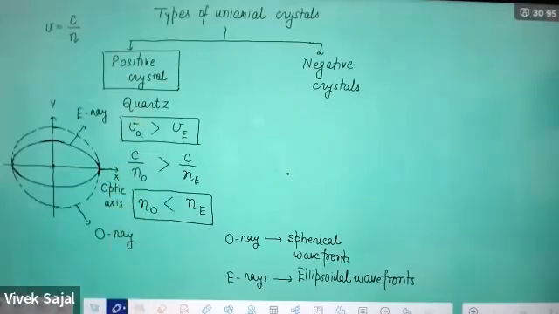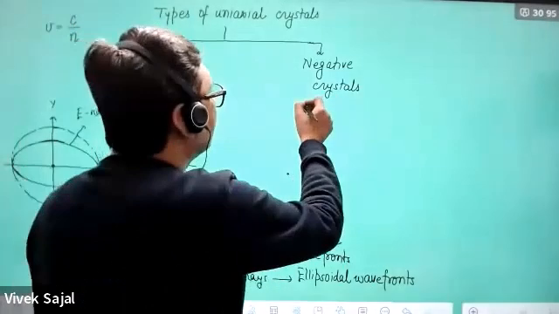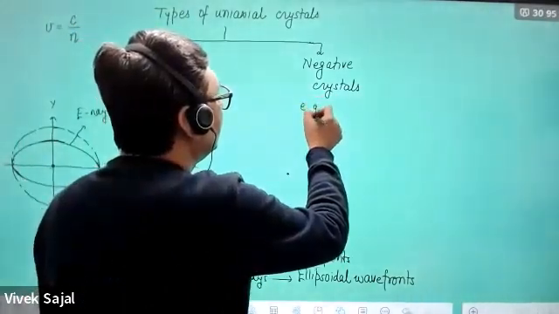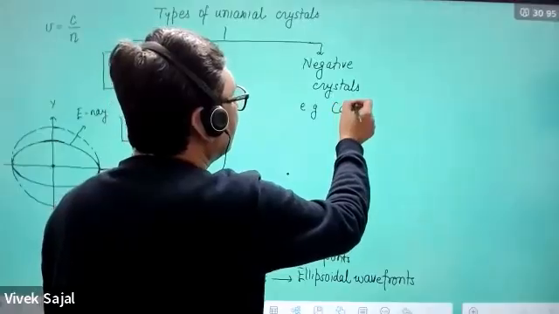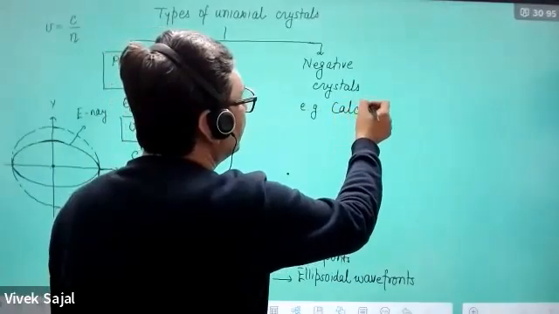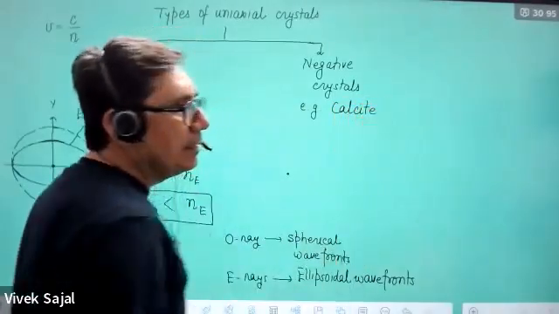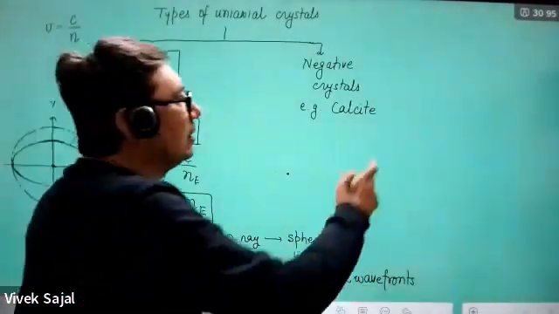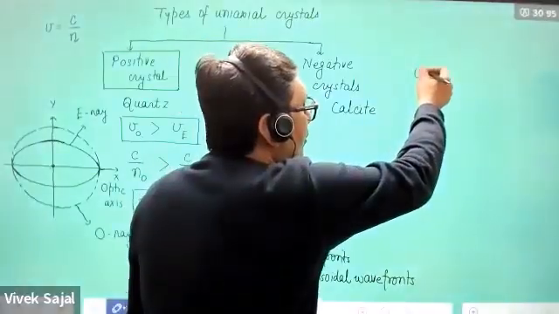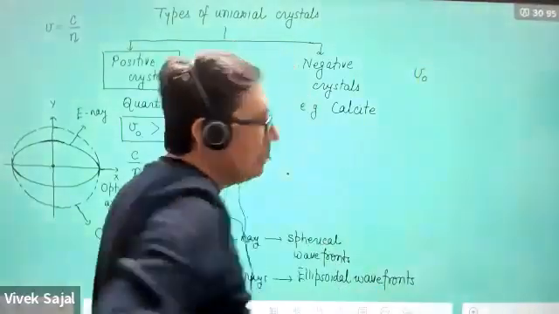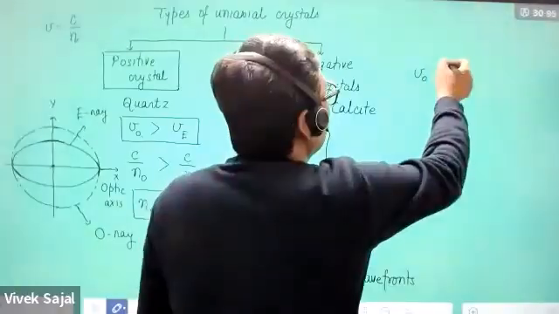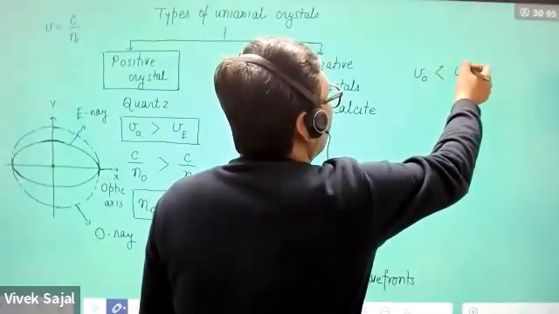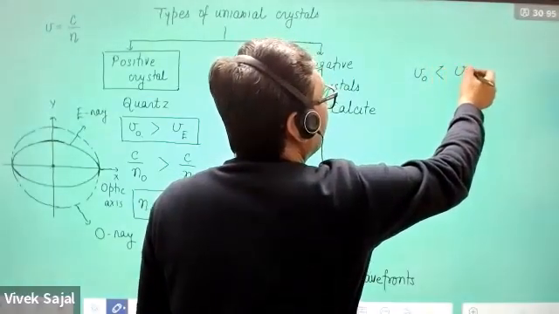This is the first type of crystal. The second type of crystal are negative crystals. Here the example is calcite. So calcite crystals are negative crystals. So what are negative crystals? Negative crystals are those crystals in which the velocity of ordinary light is less as compared to the velocity of extraordinary light.